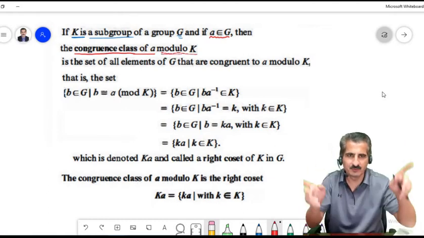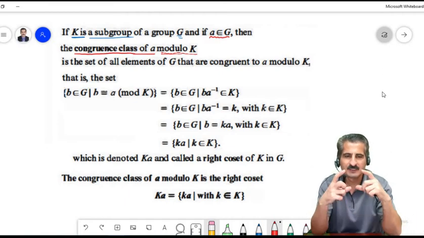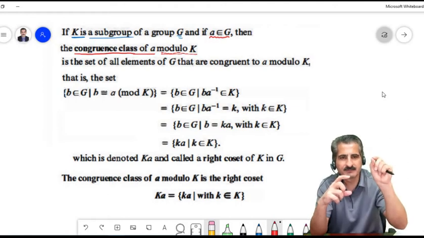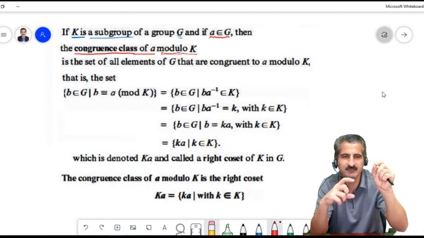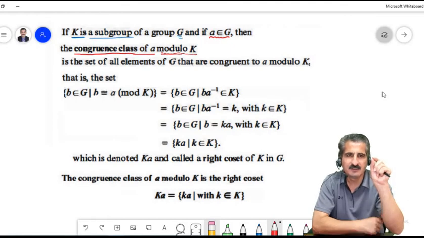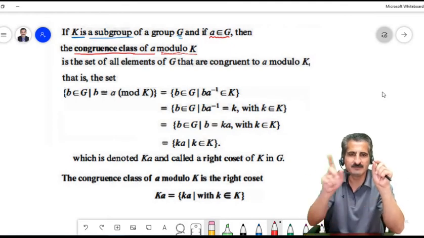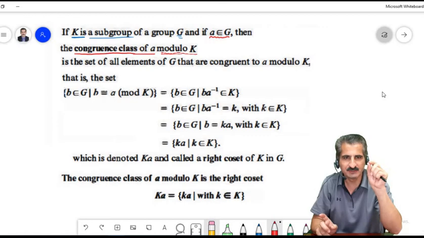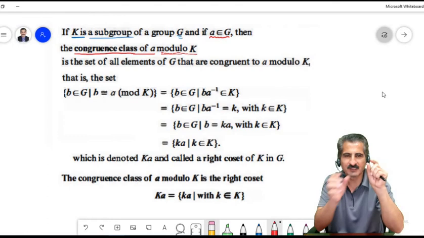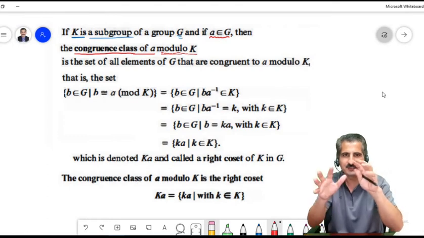We have a bigger group, say, and we are assuming we have a subgroup K. Now we picked an element from the group. It might be from the subgroup, and it might be from outside the subgroup. Now I'm asking about this element A. I want to collect all elements in the group G that are congruent to A. So I will keep picking elements that are congruent to A till I finish, and then gather them together.